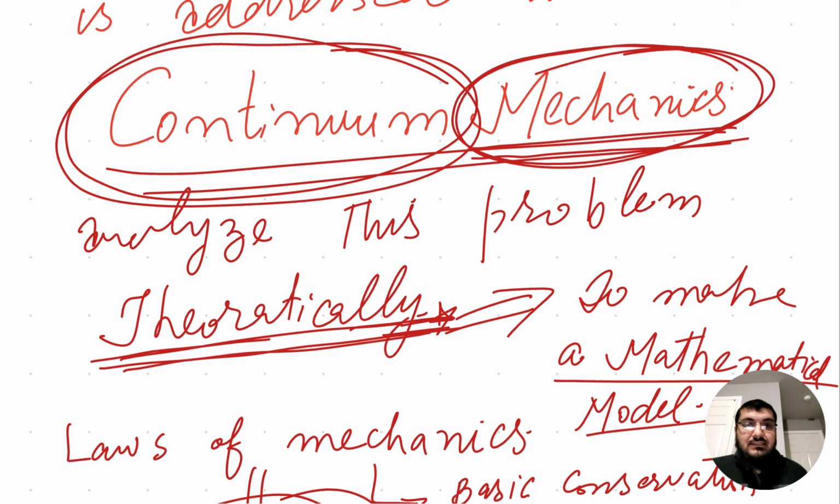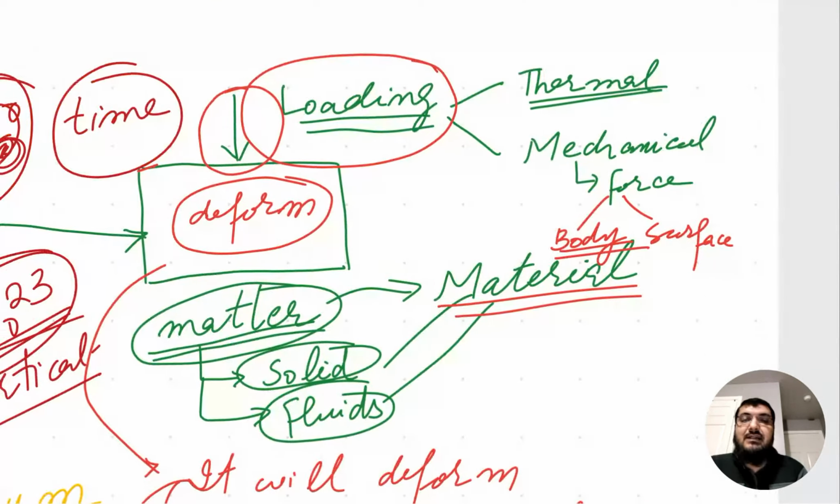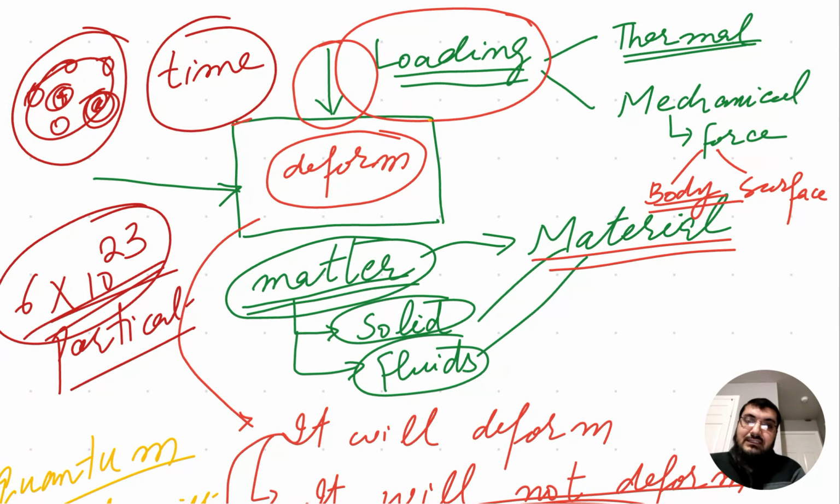Quantum mechanics is the study of discrete particles present within the bodies, but it makes the problem much more complicated, because in a real situation, in many cases, we don't need to study every particle of a material.